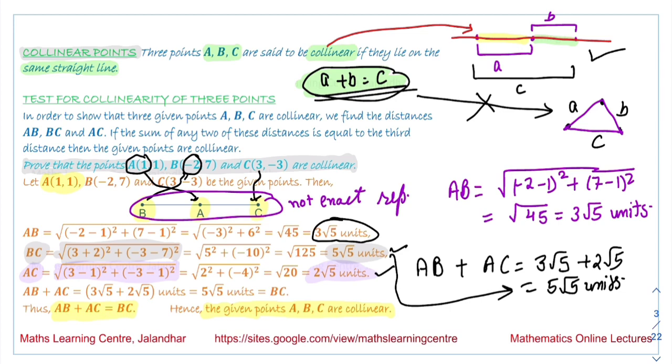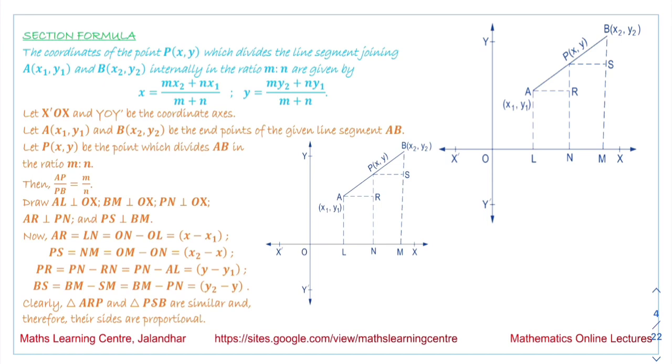Next we have the section formula. We are given 2 points. One point is A, with coordinates x1, y1, and the second point is B, with coordinates x2, y2.